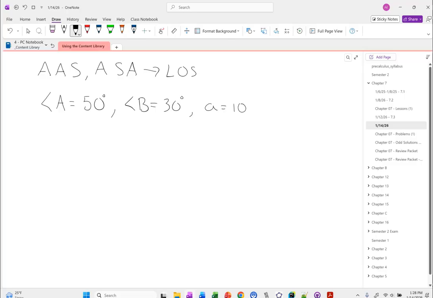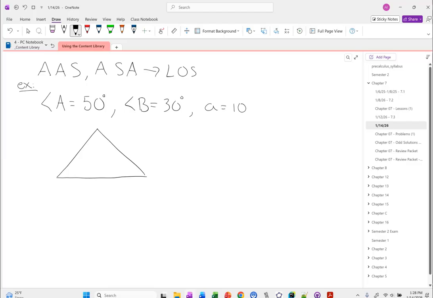So this would be like an example. We've been asked to solve the triangle, so we need to find angle C as well as sides B and C. First thing I should do is draw a picture. What do I name first?